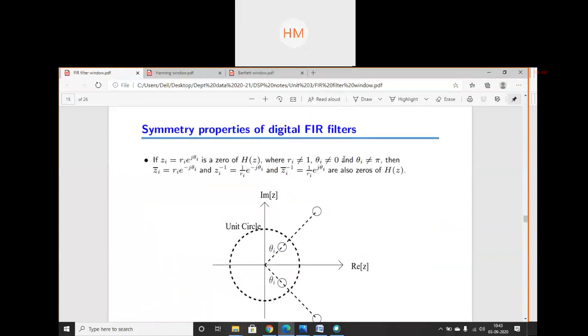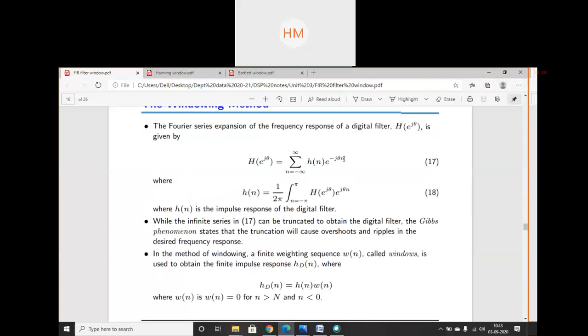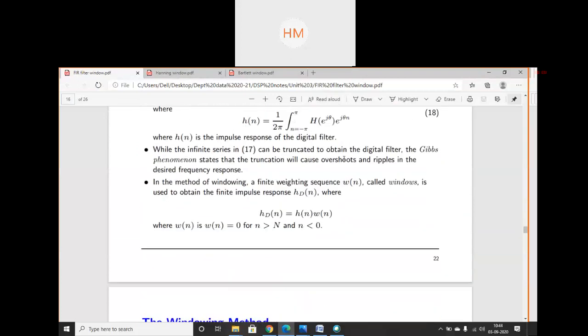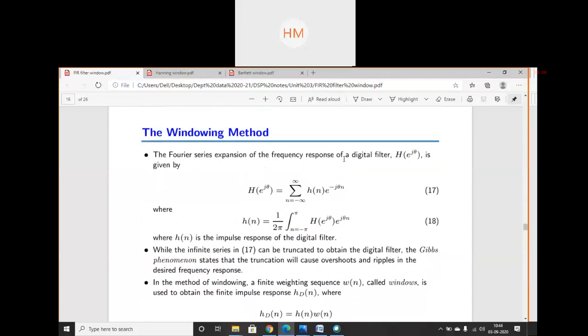Now we will start with the windowing technique. FIR filters have special equations, and we all know that it satisfies a linear constant coefficient difference equation where y is related only to x terms: x of n plus x of n minus 1 plus x of n minus 2 till x of n minus M plus 1.